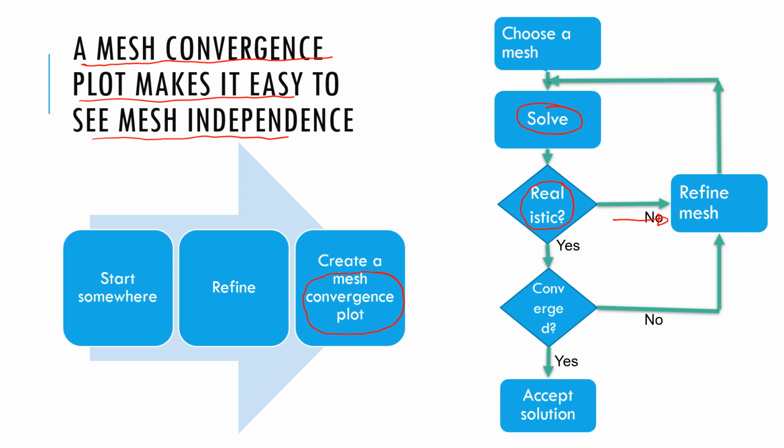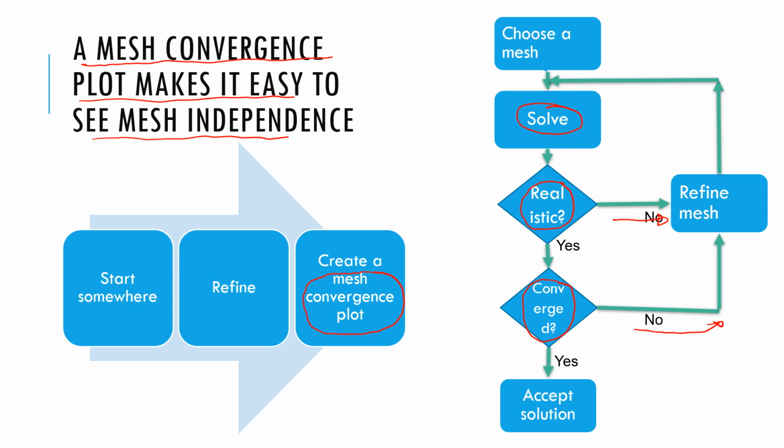But if the solution looks realistic, then we have to ask this question, is it converged? In a minute I will show you how we can plot it. That's the mesh convergence plot. But if it is not converged, then we just repeat the process.